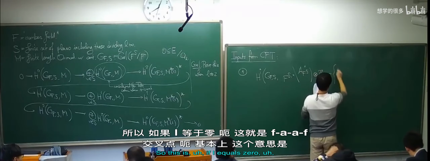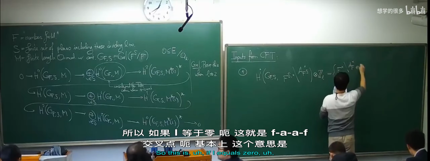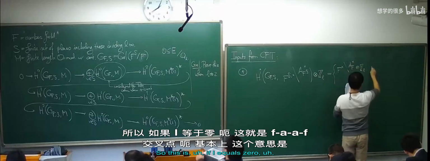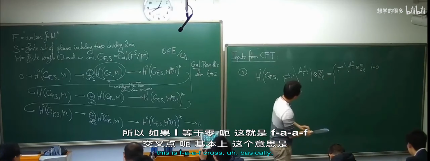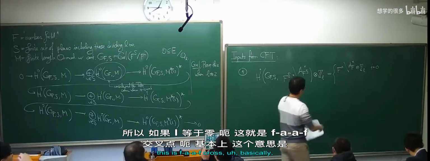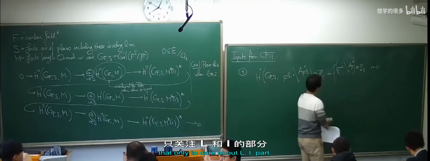So if i equals 0, this is F cross A_F cross together tensored with Z_L. Basically, this means that I only care about the L-adic part.